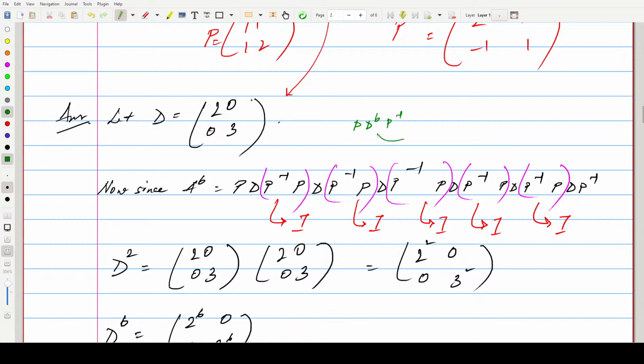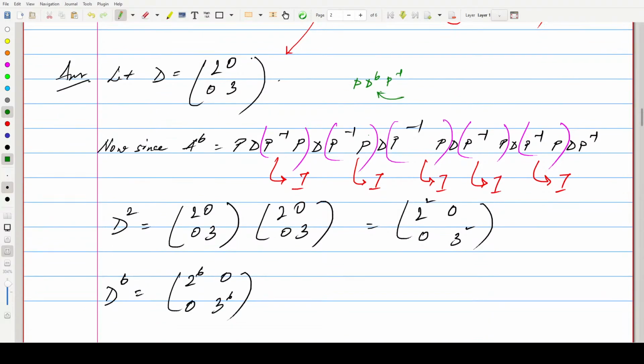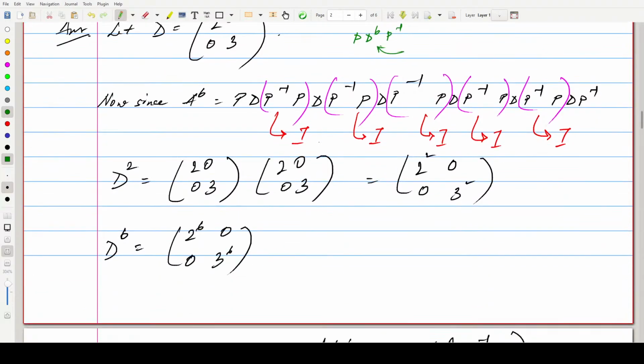Now you're going to say, so how do we compute this? We come up with a general rule that if the entries of my matrix are diagonal, so if this is a 0 0 b, and if I raise this to some nth power, that's going to be a to the power n, 0 0, b to the power n. So that makes much more sense.